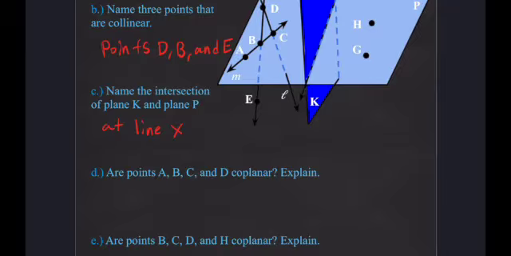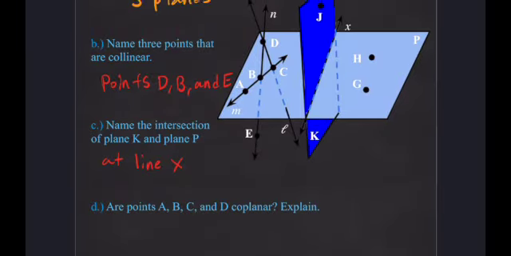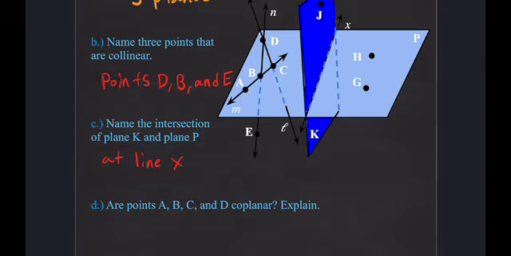And part D. Are points A, B, C, and D coplanar? And let's explain this. Okay, so A, B, C, D. We already know that B, C, and D is a plane. We already know that this is a plane right here. Well, 3 points are on the plane.